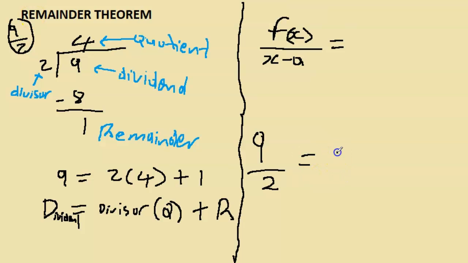You'll end up with 4 plus 4.5, right? 9 divided by 2, that's 4.5. So let me write that as 4 plus a half. Still 4.5, right? So what the 4 represents is the quotient.